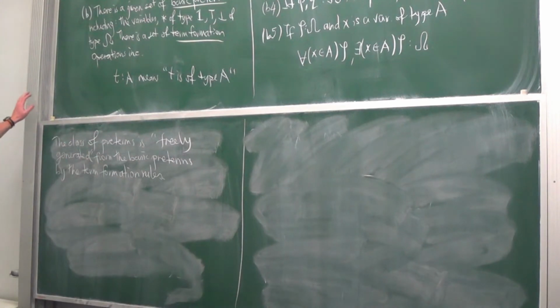A term formation operation would be some sort of expression together with the information of variables becoming bound. This is easy to make precise sense of; I do it in the notes. Just inductively construct all the possible terms from the basic terms, and there are no coincidences that aren't just purely syntactic ones.